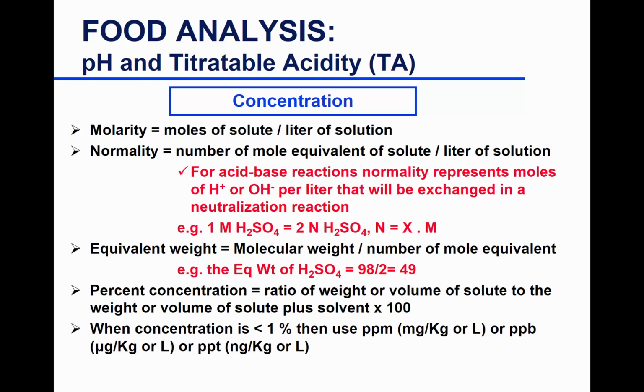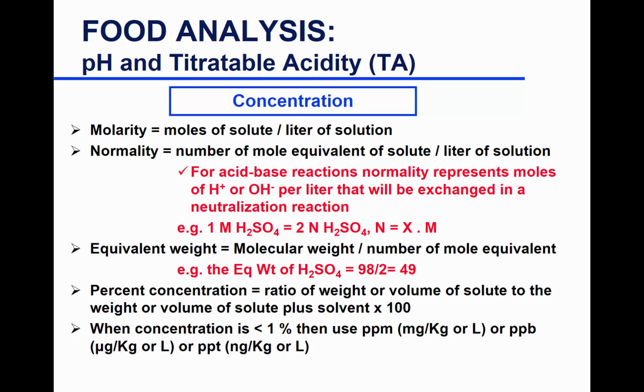So at equilibrium, you have to take into account what you are exchanging, 2 hydrogens or 3 hydrogens. That's why, in these calculations, we take into account the equivalent weight, because it depends on how many hydrogens or OH minuses we're exchanging. We'll get back to that when we talk about calculation of titratable acidity.